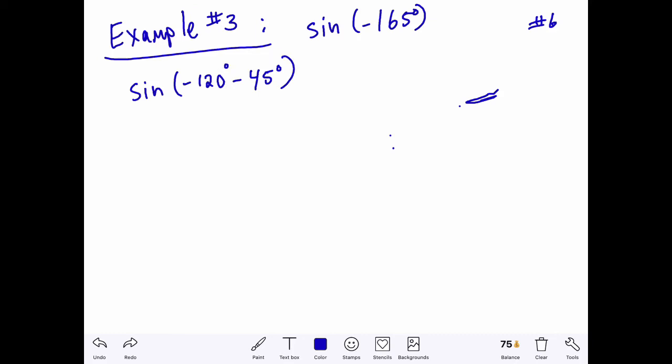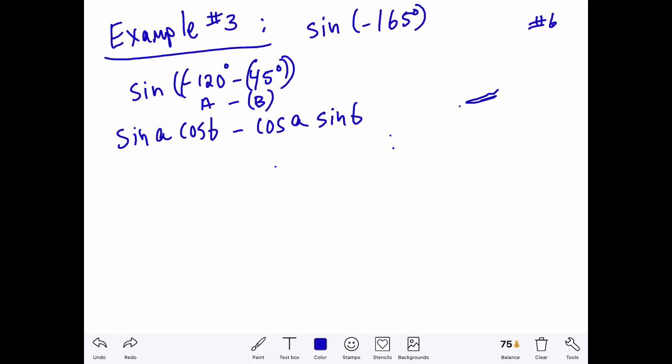Okay, and so now we've got sine of A minus B, and if I look at my chart, sine of A minus B is going to be sine A cosine B minus cosine A sine B. And remember, that's A minus B. So really B is 45.